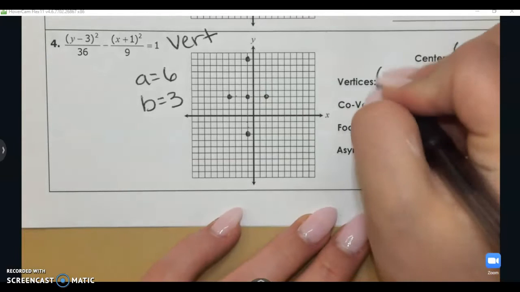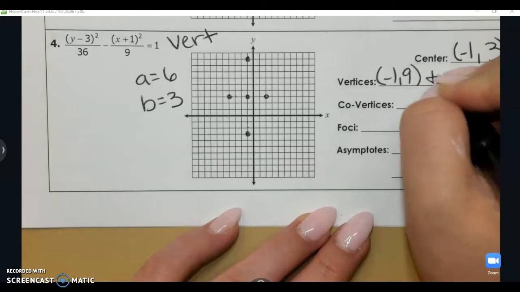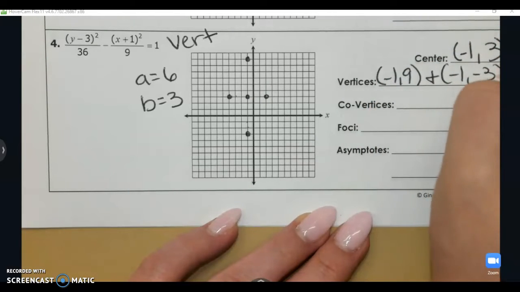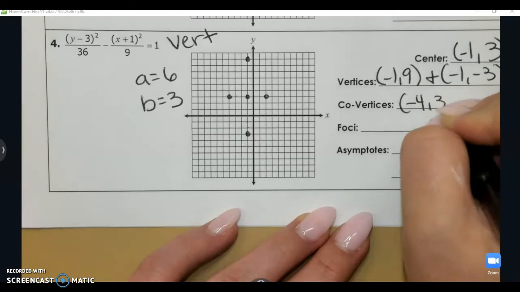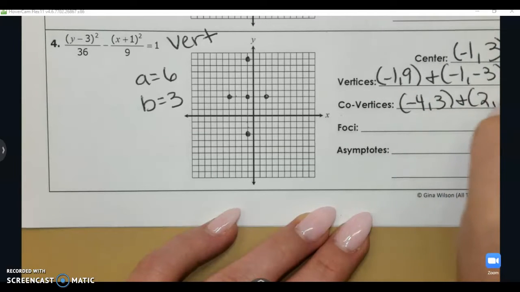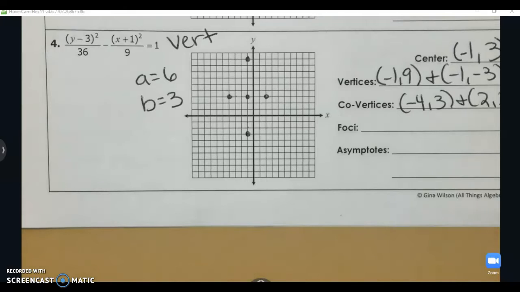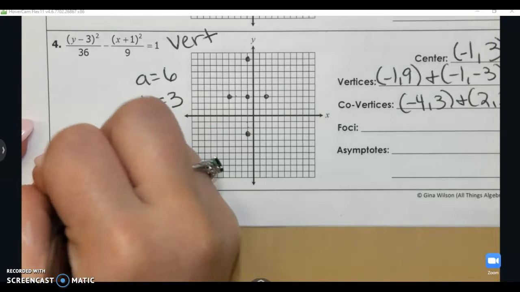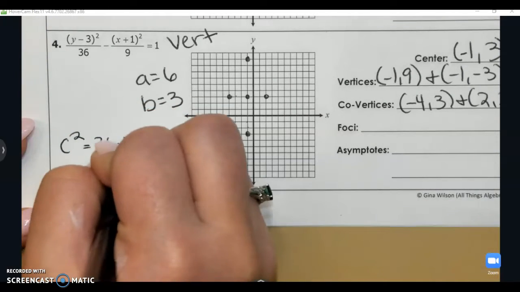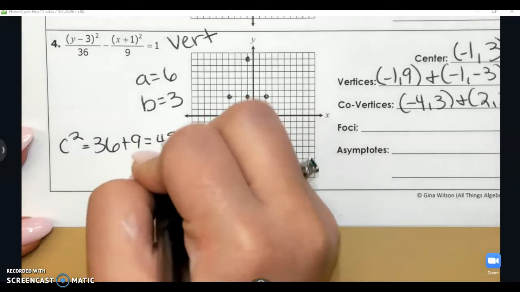So let's get those coordinates written down. Okay. Now for my foci, c squared is equal to a squared plus b squared, which is 45.